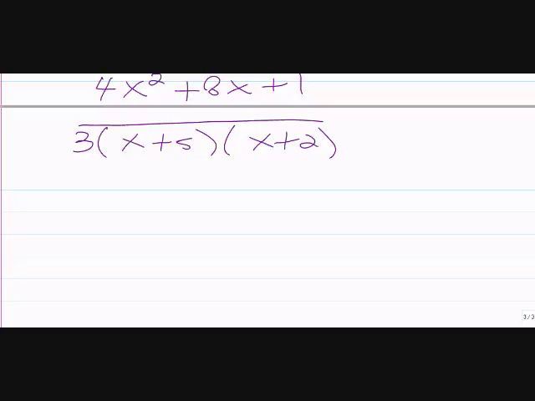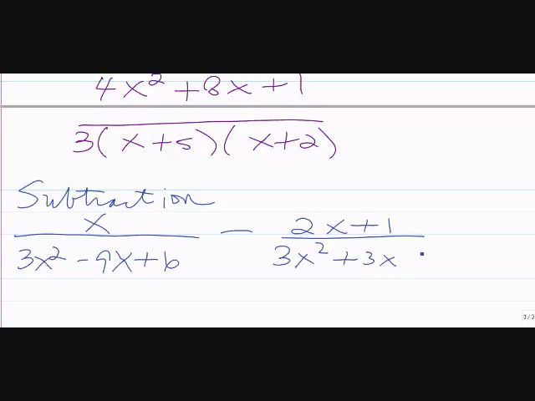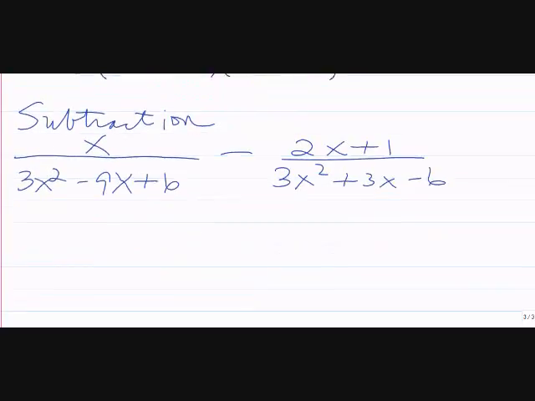Let's go for dark blue. Okay. So we're going to take x over 3x squared minus 9x plus 6. And I'm going to subtract 2x plus 1 over 3x squared plus 3x minus 6.